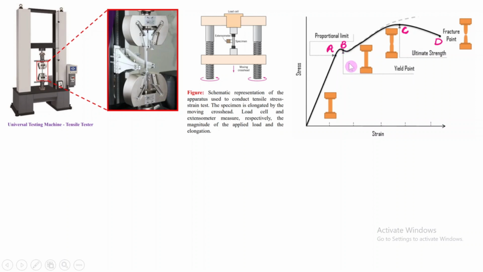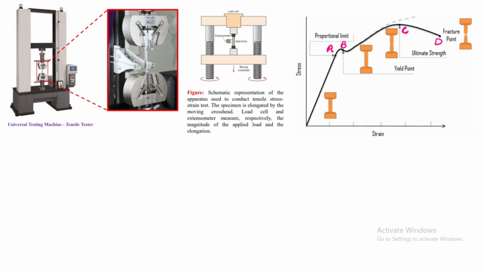Now beyond the point B, the atoms are stretched so much that they do not come back to their original position, and there is no proportionality between the stress and strain. So we call the region beyond this B a plastic region.